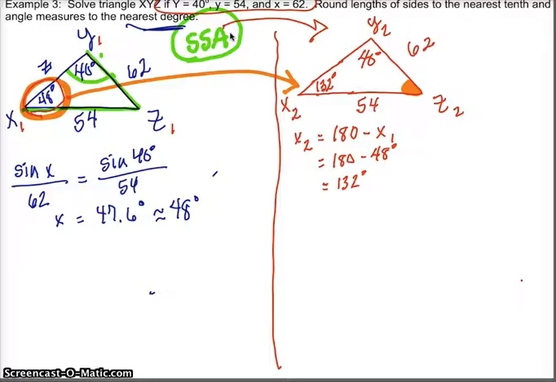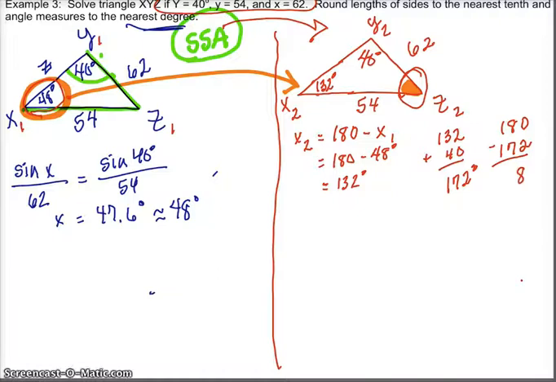We would say 132 plus 40 gives me a sum of 172 degrees. So yes, there is space left for a third angle in this triangle. If the sum of the three angles of a triangle is 180 degrees, then 180 minus 172 is 8 degrees. So now I know that z sub 2 is 8 degrees.